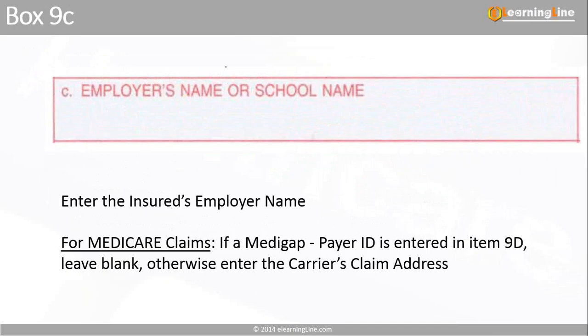If you are working, you will have an employer's name. So enter the insured's employer name. For Medicare claims, if a Medicare payer ID is entered in item 9D, leave blank. Otherwise, enter the carrier's claim address. So this is a specific instruction you have for the Medicare claim.